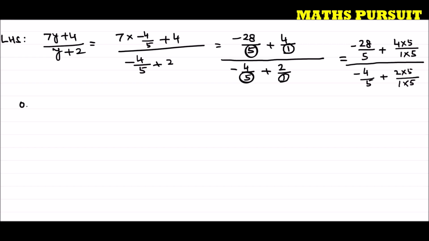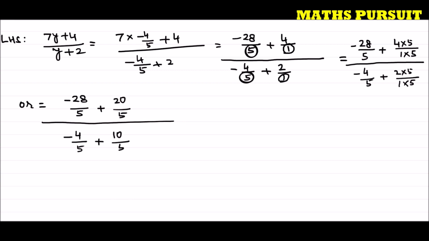So now I can write, that is equal to minus 28 divided by 5 plus 20 divided by 5, since 5 fours are 20, divided by minus 4 upon 5 plus 10 divided by 5. Hope guys I'm very clear till here.